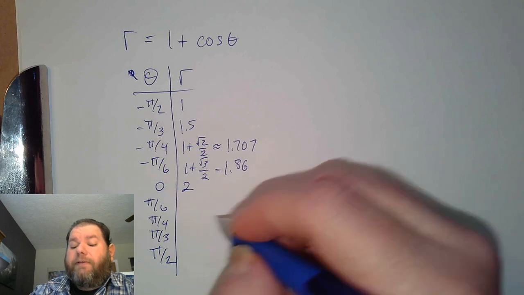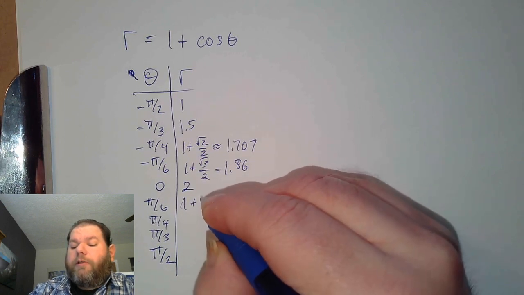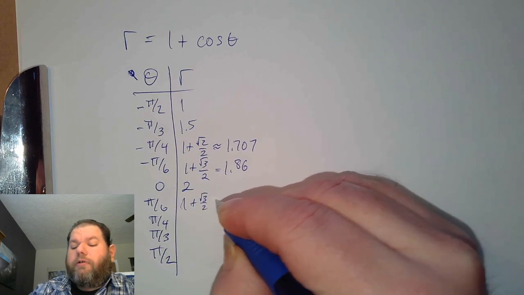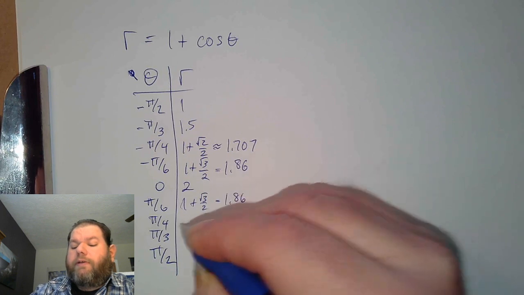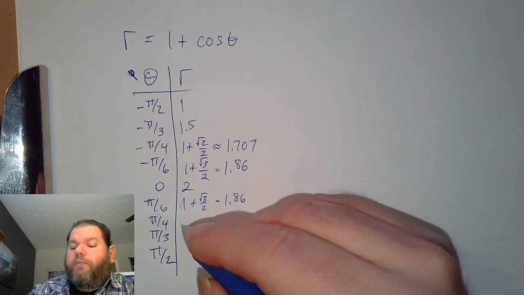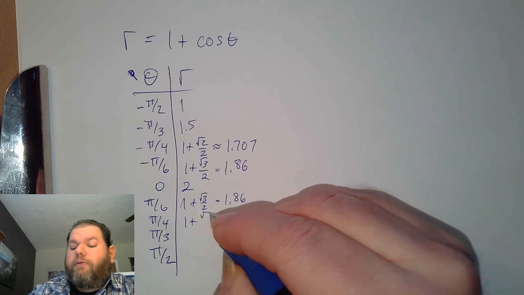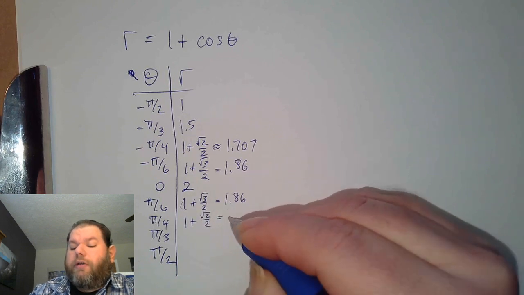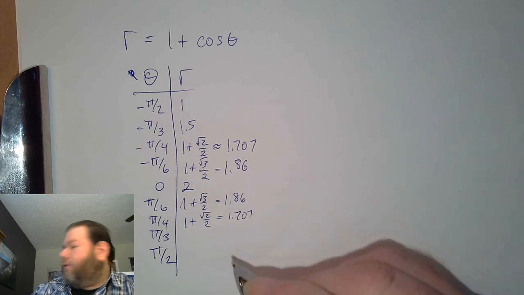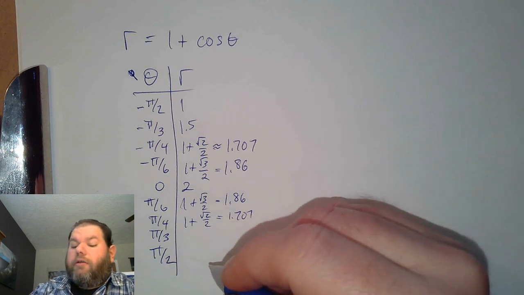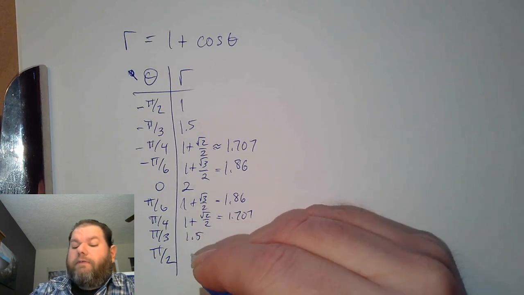And then it repeats. 1 plus root 3 over 2 is 1.86, 1 plus root 2 over 2 is 1.707, 1.5, and 1.